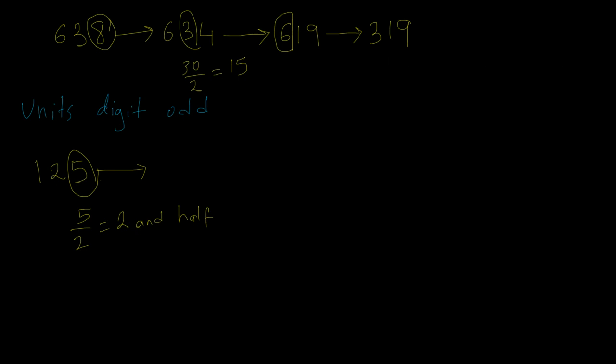So what he does is he replaces 5 by 2. Now how does he handle the half? Well, he uses for the fractional part the base 60 system. We are going to learn about base 60, or sexagesimal system, in more detail later.